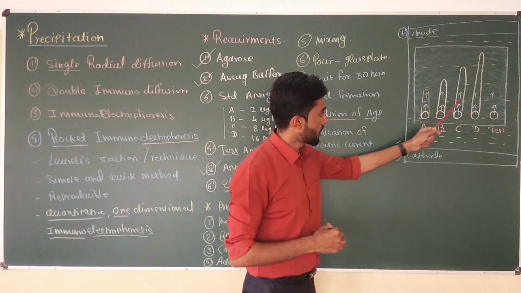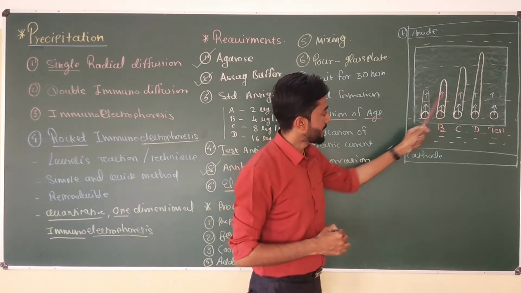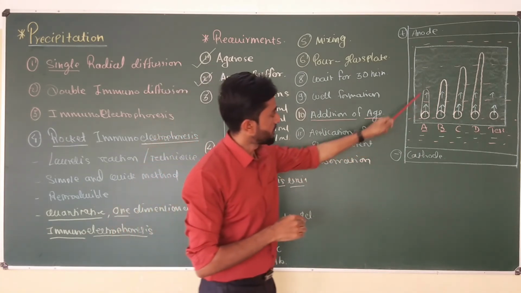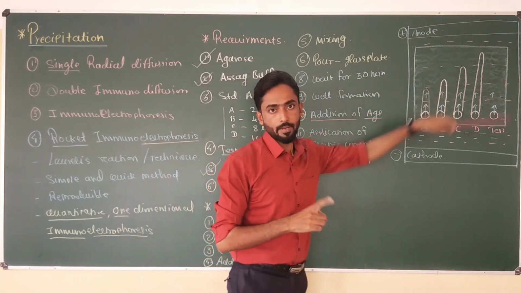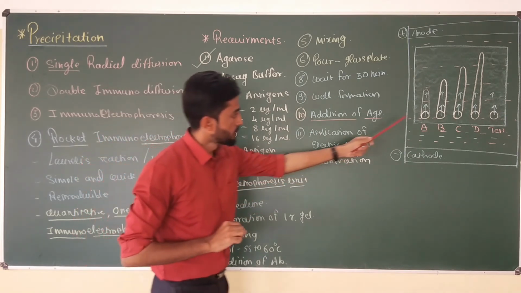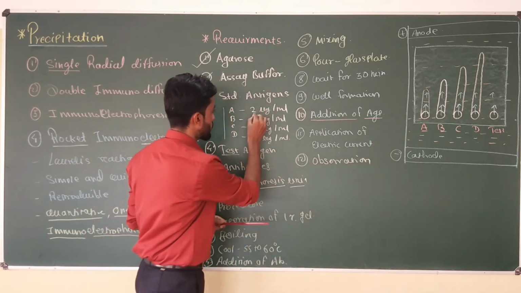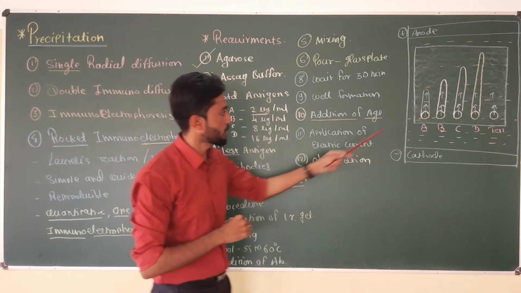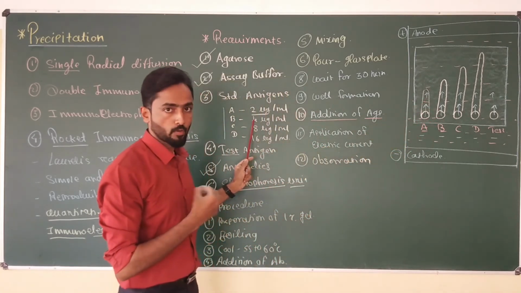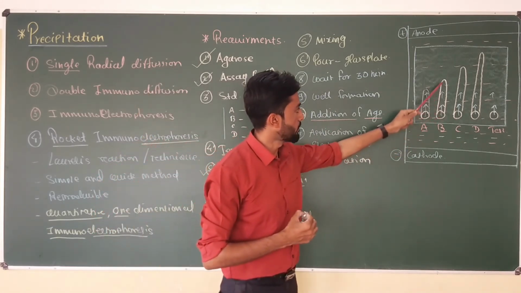I have drawn rockets here with increasing height, because the height of the rocket totally depends upon the concentration of antigen present in the well. A antigen has only 2 microgram per ml concentration, so the height will be very low. B antigen has 4 microgram per ml, so the height will be more.